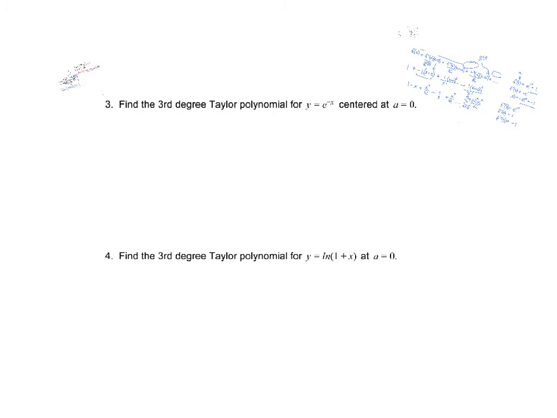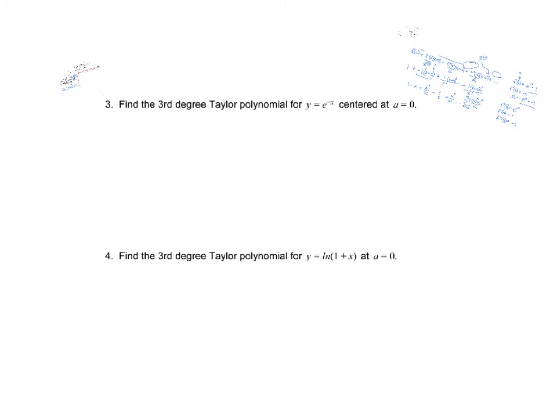So I'm going to use this formula again. F of a, in this case a is 0, plus f prime of a times x minus a, plus f double prime of a times x minus a squared over 2 factorial. Again, I should have filled in zeros for these a's.